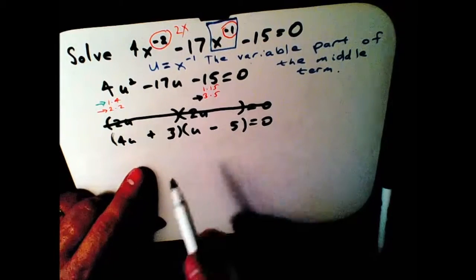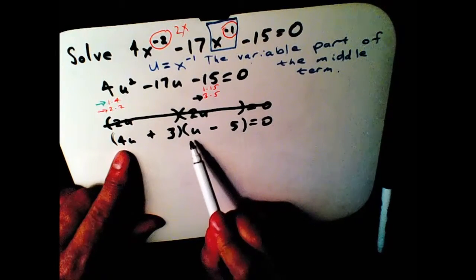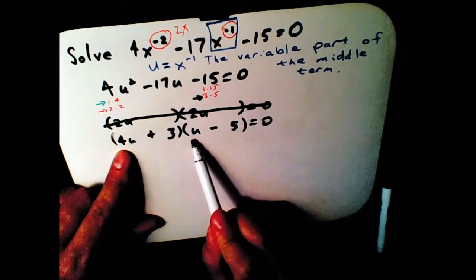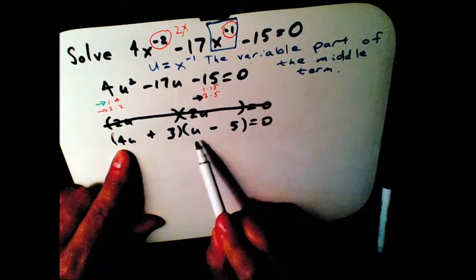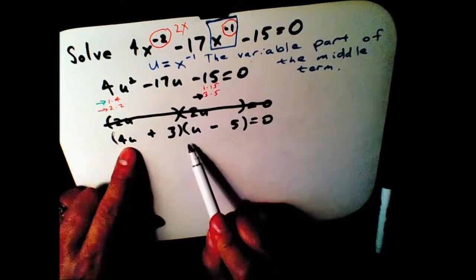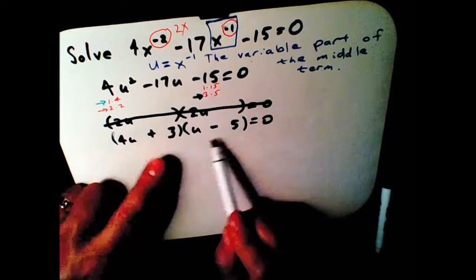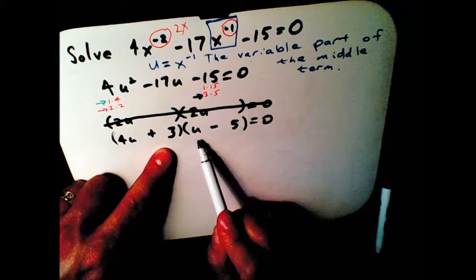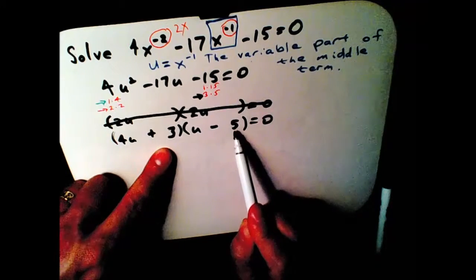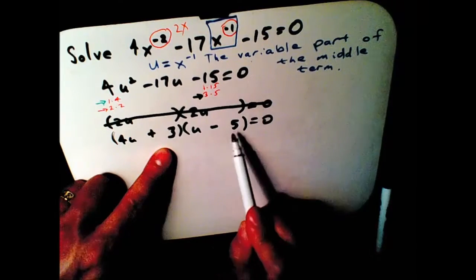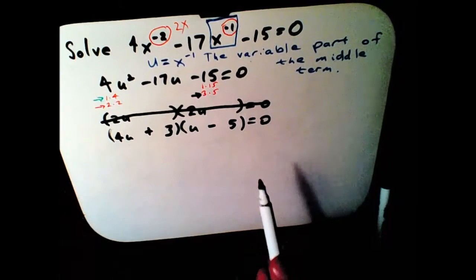And so we have a factorization, because that right there is the 4u squared. So first, outsides, inside, last. First is correct. Outsides is negative 20u plus 3u is a negative 17u. And the last is negative 15.